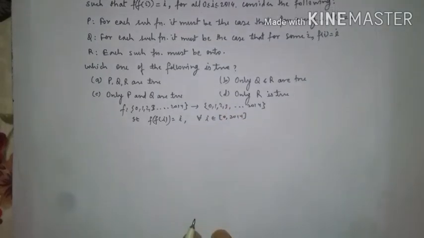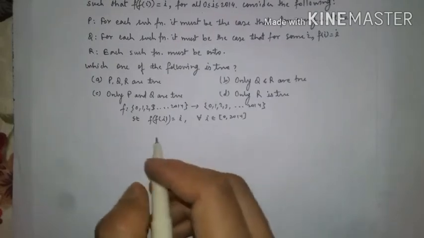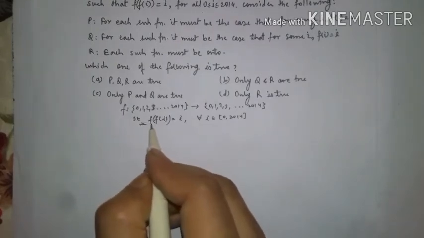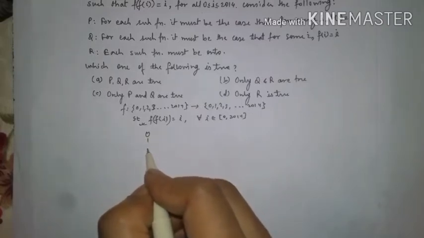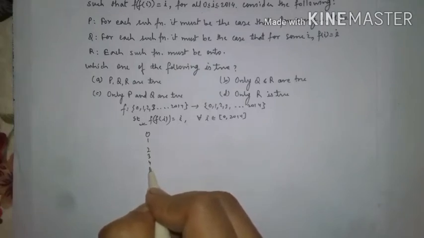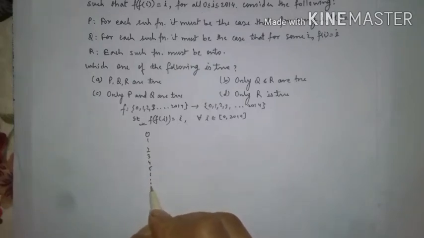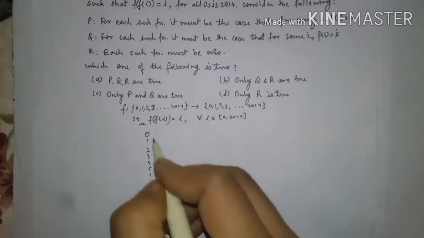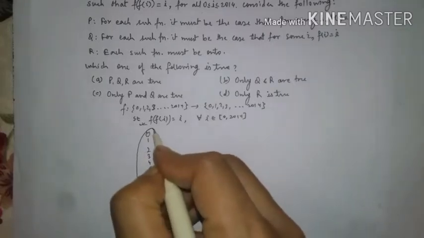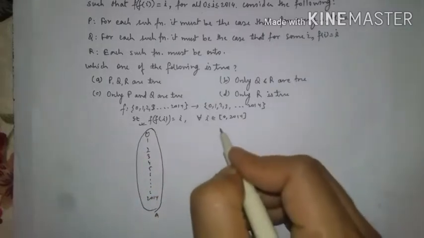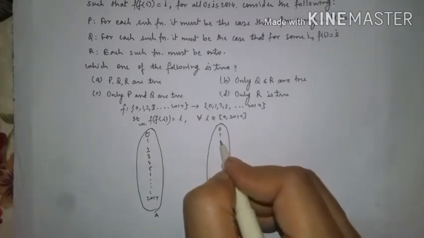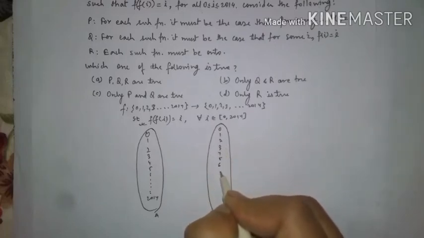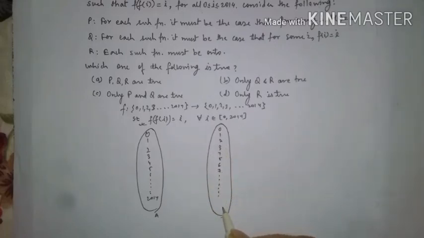So I am taking an example of one such function such that this condition is satisfied. Suppose we have a set 0, 1, 2, 3, 4, 5, 6, and so on up to 2014. This is the first set, set A. Similarly, another set 0, 1, 2, 3, 4, 5, 6, 7, and so on up to 2014.